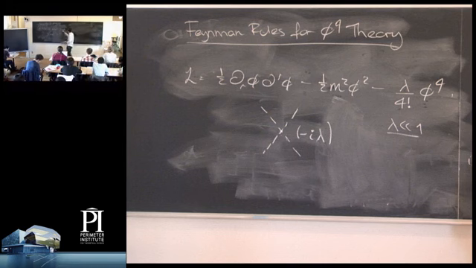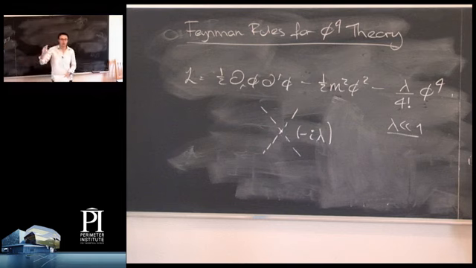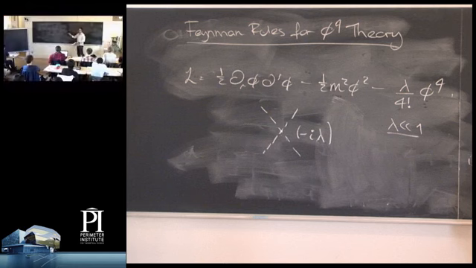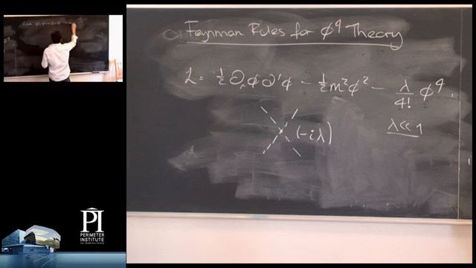Okay, so remember what's going on here. This is the interaction part of the Hamiltonian. When we're doing Dyson's formula, we're sandwiching products of this interaction Hamiltonian between initial and final states and time ordering them. So let's look at phi to phi scattering in this particular theory.